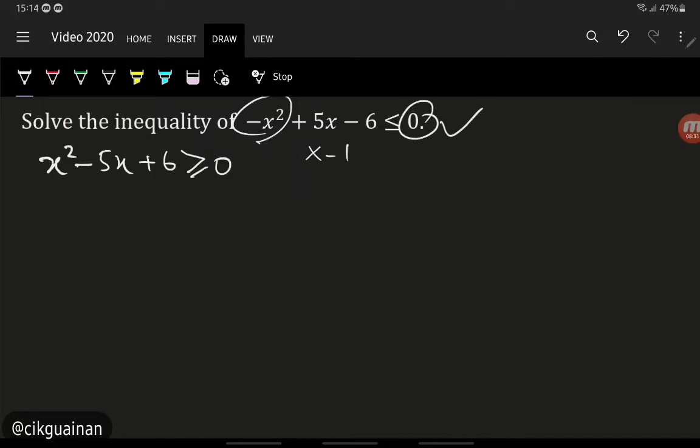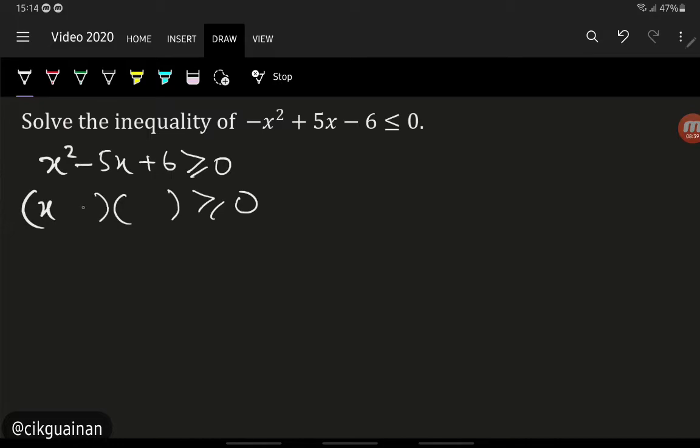Now the next step is that we factorize it. Factorize, so (x minus 3)(x minus 2). Factorized already, and then we take out the ZOF. So the ZOF is 3 and for this one is 2.